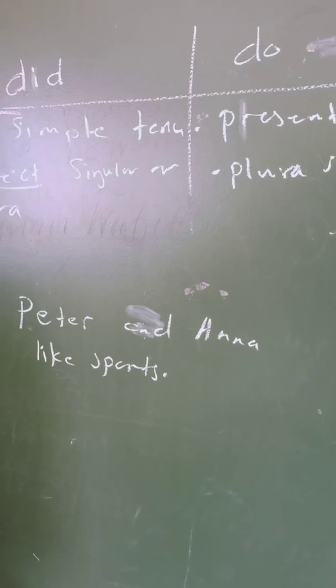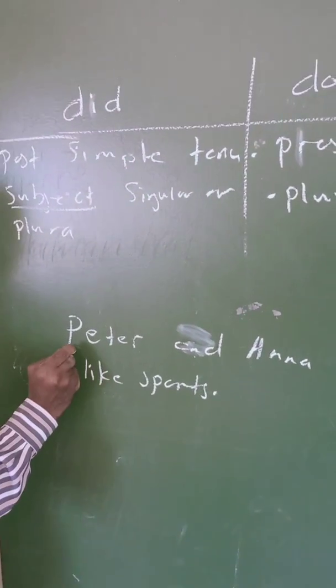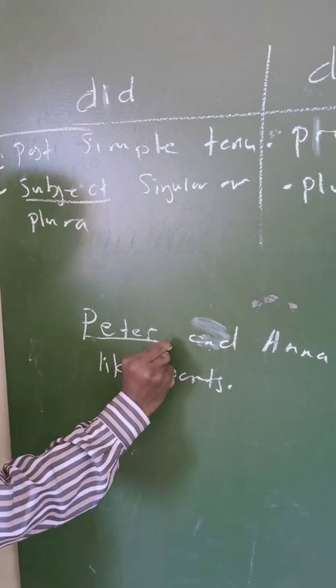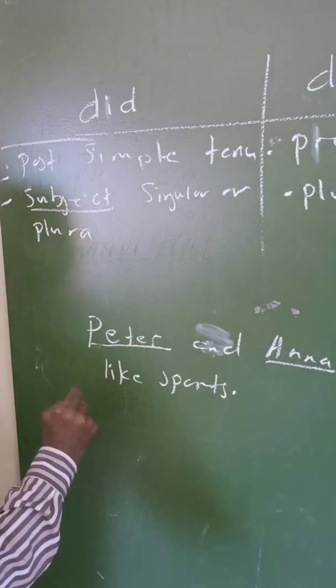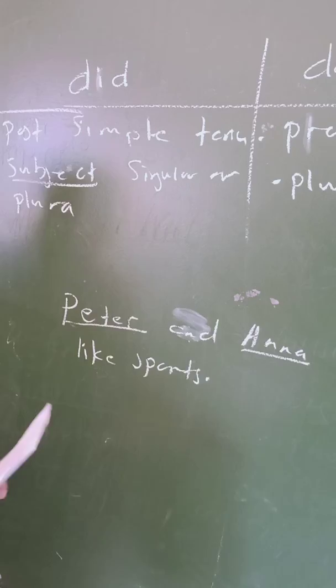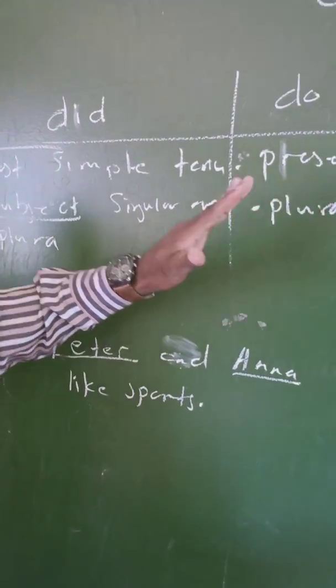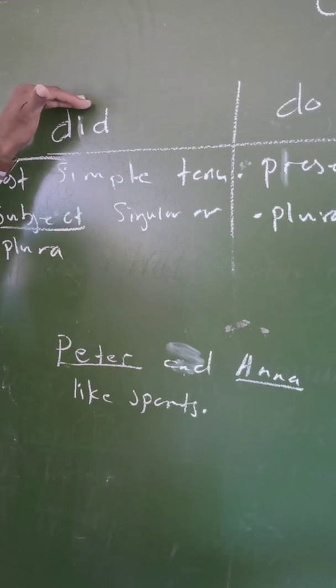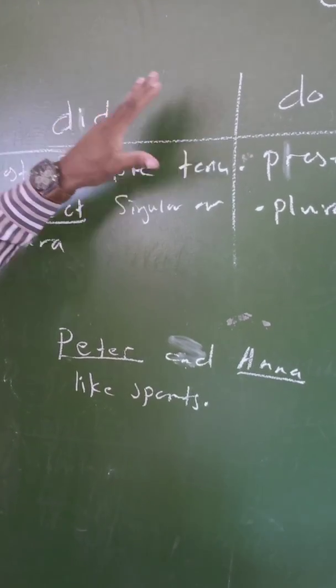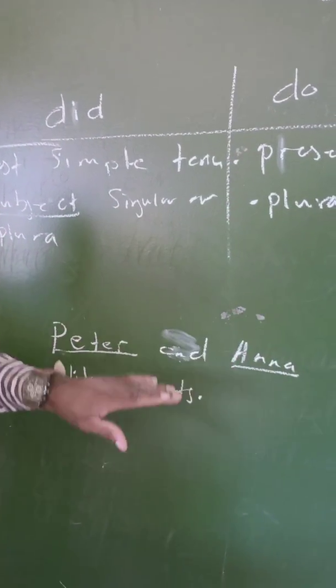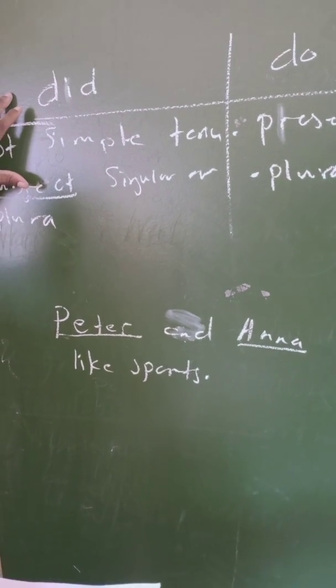That's the sentence. So the subject we are referring to is Peter and Anna. This is the subject in this sentence. And we are saying this for when you want to use did to ask a question, do to ask a question, or does to ask a question. First of all, let's start with did.